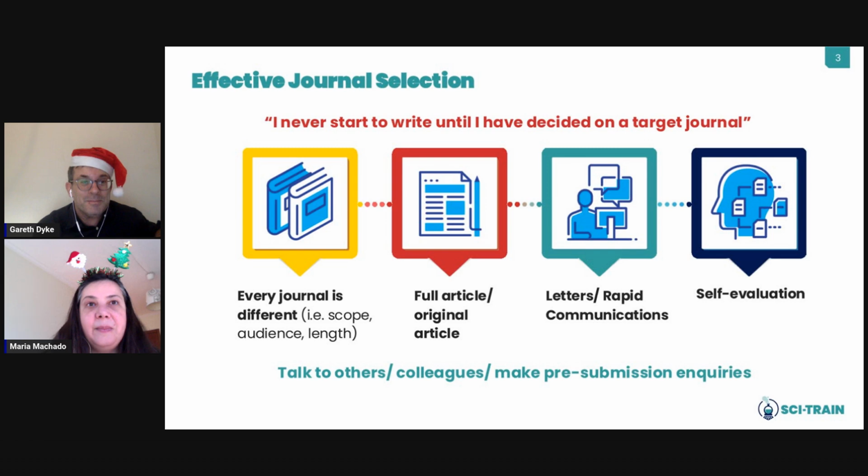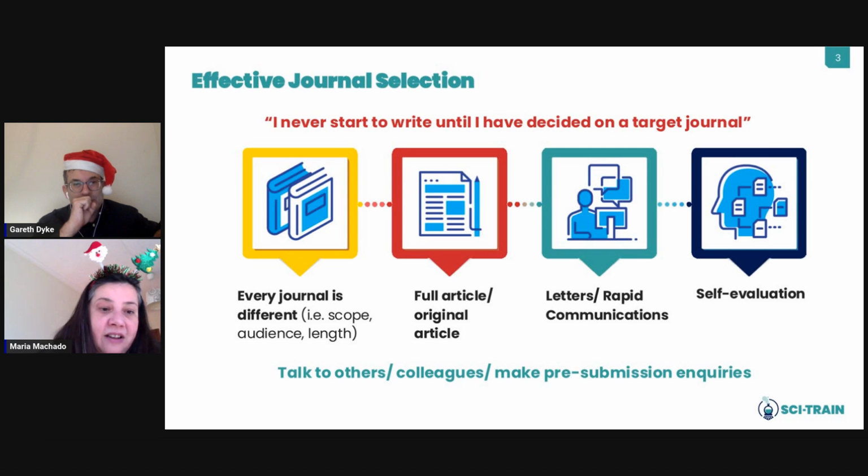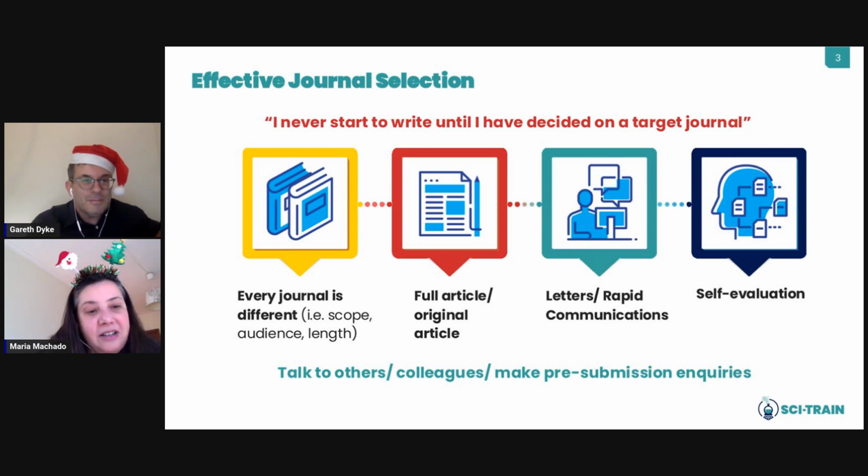Having an idea of your message and what you want to put across is very important, because that's going to dictate the types of audience that are going to read your paper. And that is what determines the journal that you're going to submit it to. So you can have a couple in mind, but always have a priority, always have a list of eventual priorities.